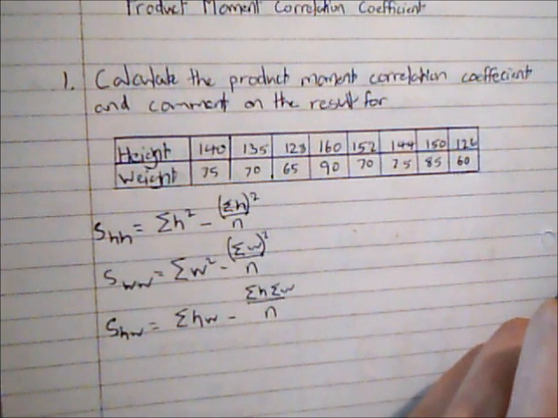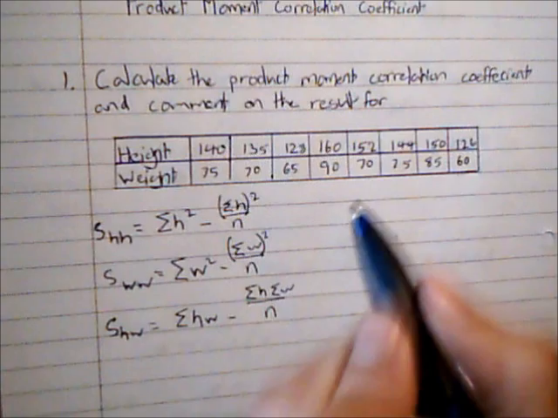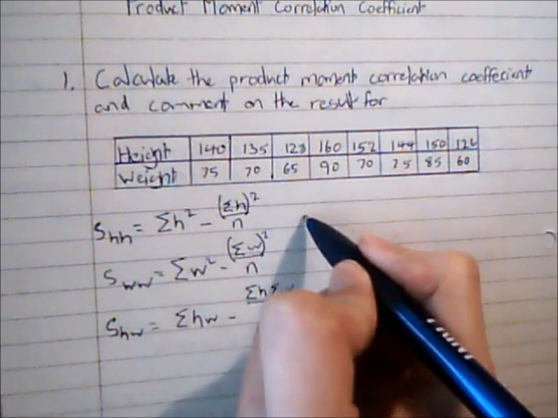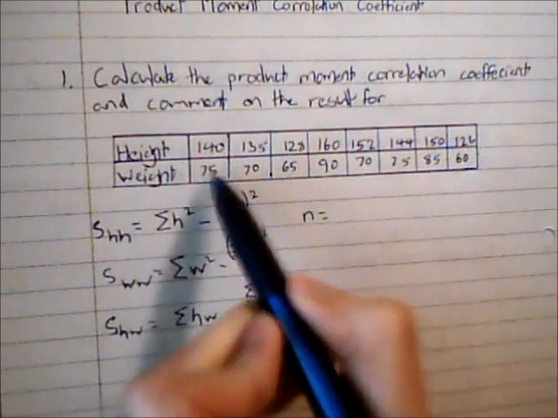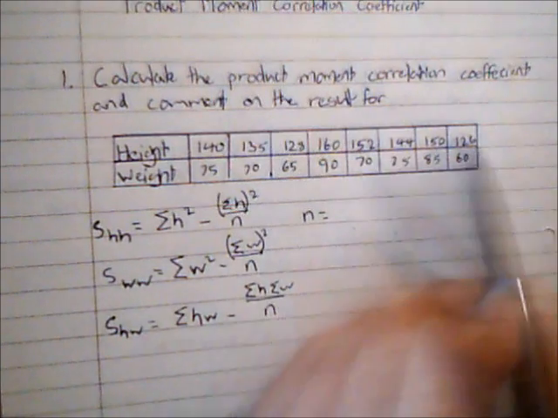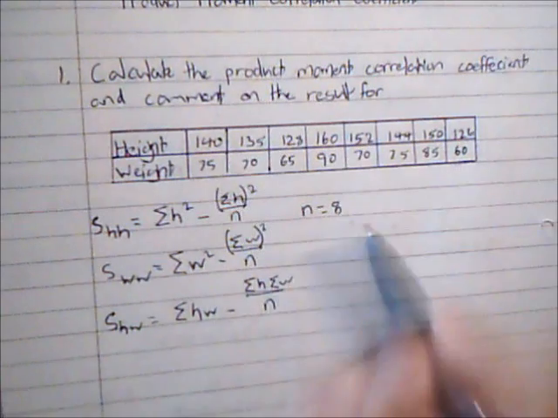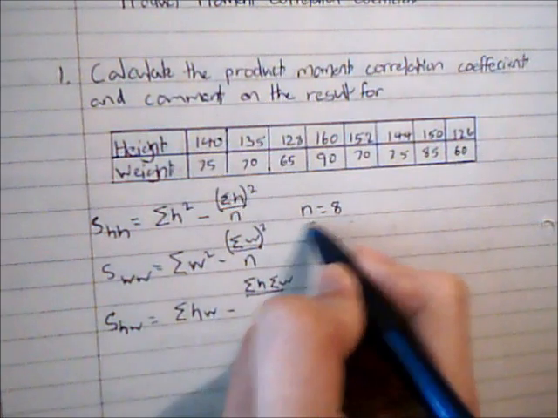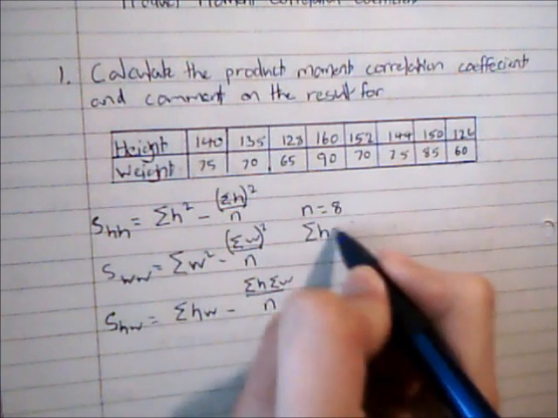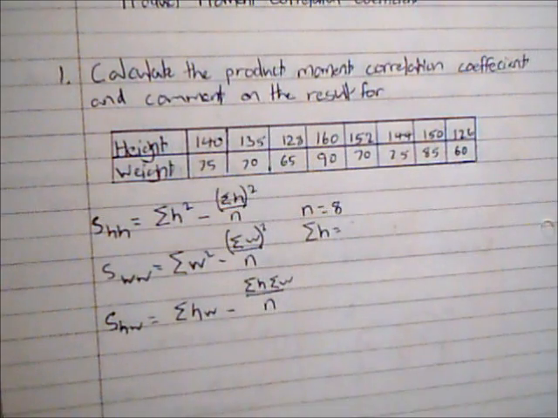So from here I need to then find the various values. So I need N, so N is easy. N is 1, 2, 3, 4, 5, 6, 7, 8 because I have 8 pairs of data. Sigma H is the sum of all the heights.